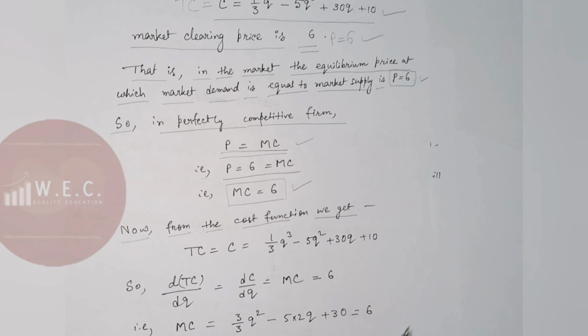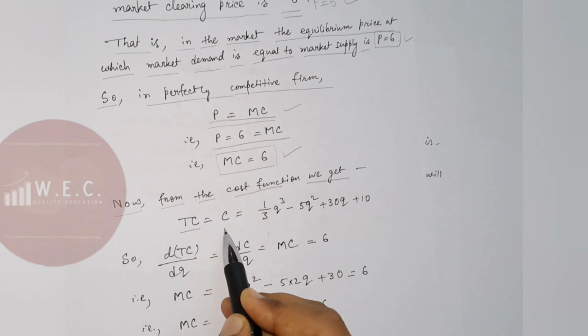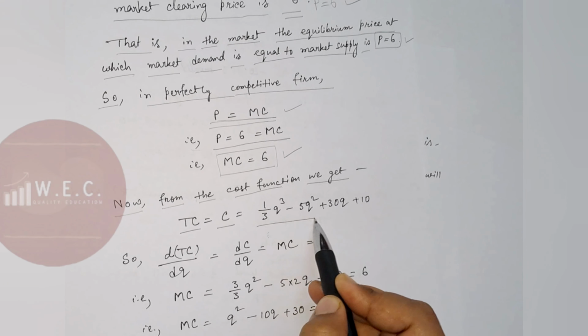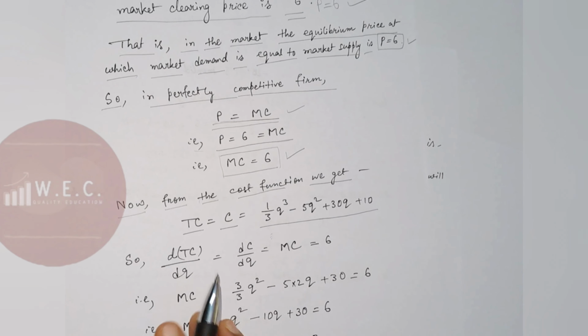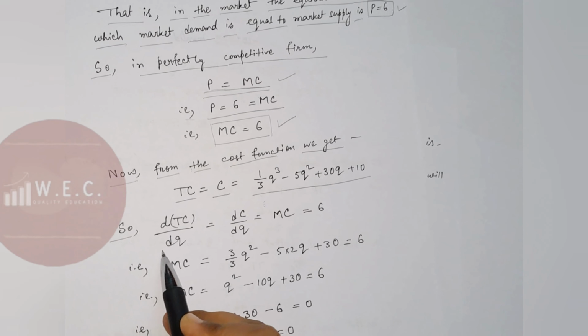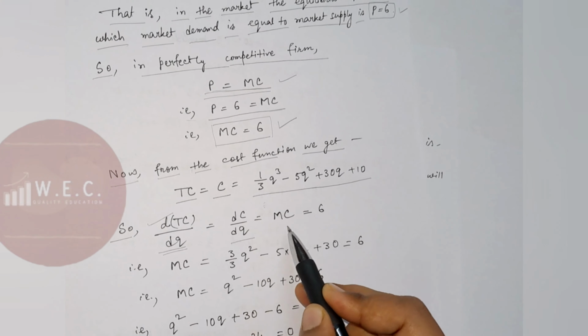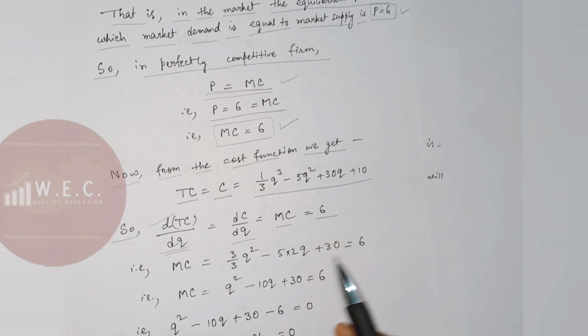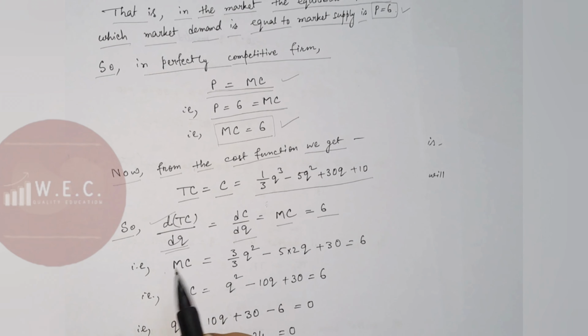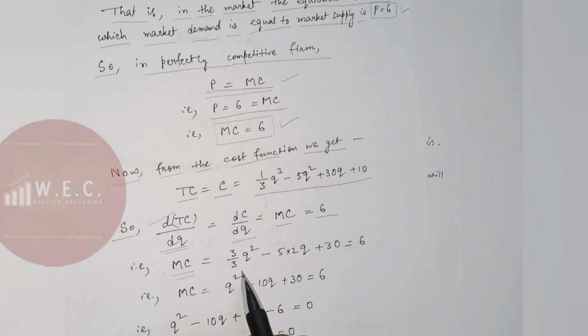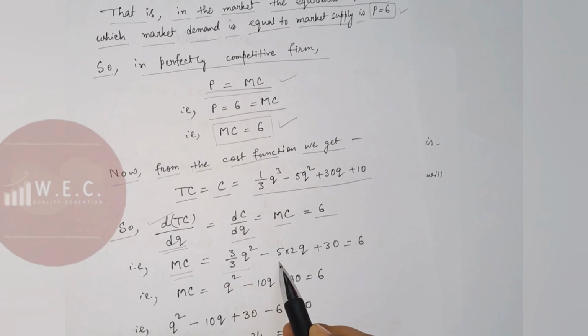Now from the cost function, we get TC, that is total cost, as you can see on screen. Now differentiating total cost with respect to Q, we can get MC, marginal cost. So dTC/dQ equals MC.